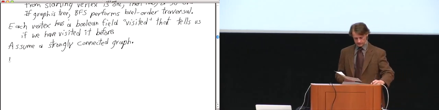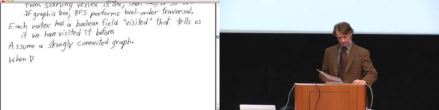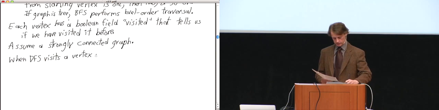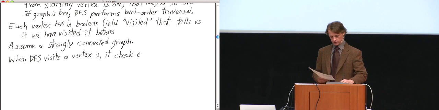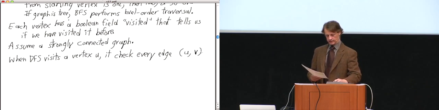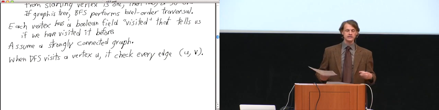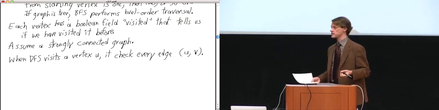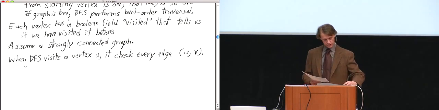How DFS works is when DFS visits a vertex, call it U, it checks every edge going out of U. In other words, it checks every edge in the graph of the form UV. And then it checks whether V has been visited yet or not. If V has not been visited, we go visit it recursively.